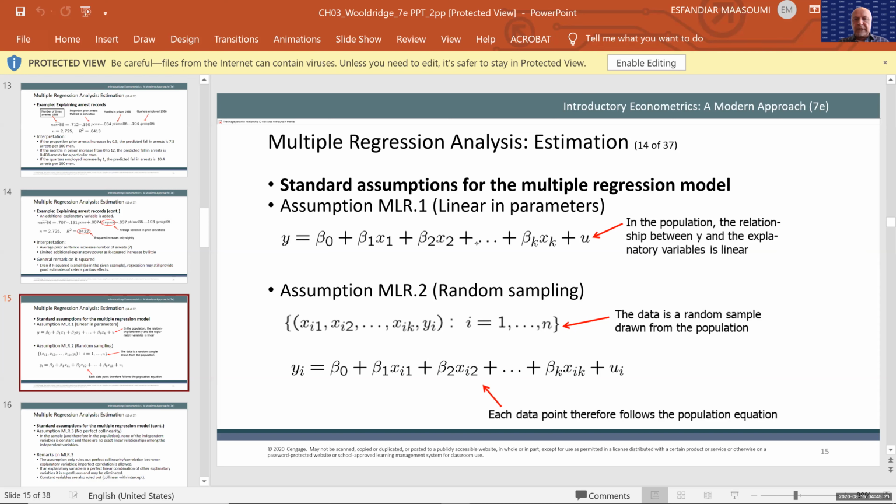So we assume linearity in parameters, not variables. Random sampling, as I mentioned, is strong, and we'll relax this. It means every unit observed is picked randomly and then put back in another random draw. Independent draws from the same population, the same mean, the same variance, the same distribution.